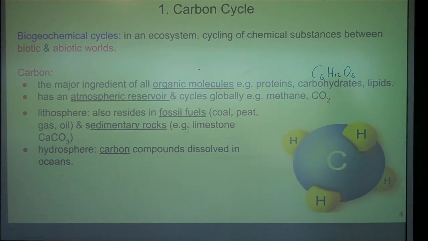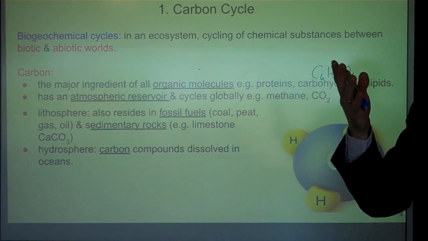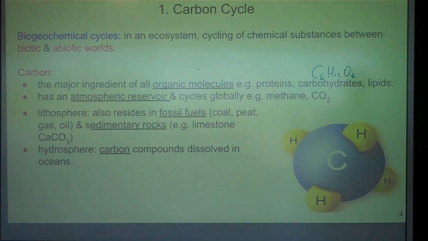Is everyone clear? There's atmospheric carbon, there's carbon in living things, there's carbon trapped in the rock cycle. So remember, what were the spheres we looked at? Atmosphere, biota, hydrosphere, lithosphere.